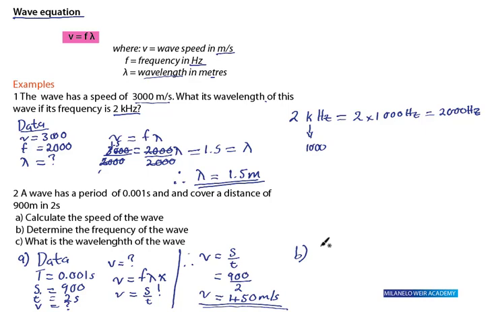B, determine the frequency. Frequency is equal to 1 over T. And remember, T is 1 over f, right? So in this case, we are looking for frequency.